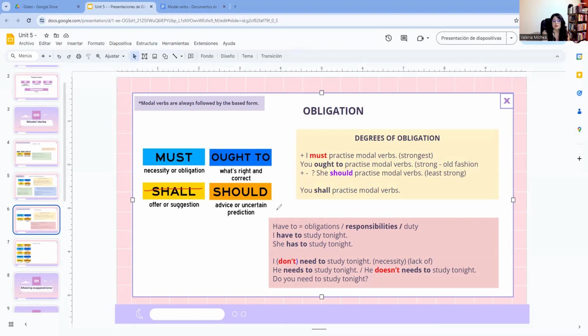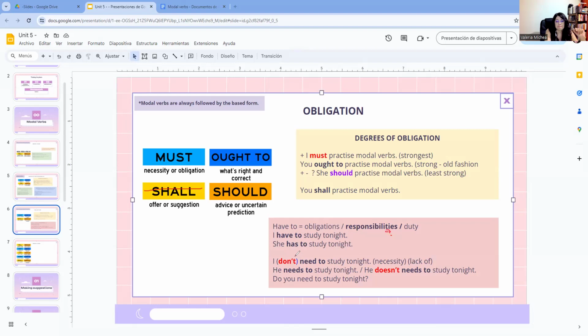Then another way in which you can express obligation is related to the verbs have to and need to. So need to is not really about obligation, it's more about a necessity. So I need to do something. Whereas I have to is kind of an obligation, but more related to a responsibility. Like it's my duty. I have the responsibility to do something, so I know I should.